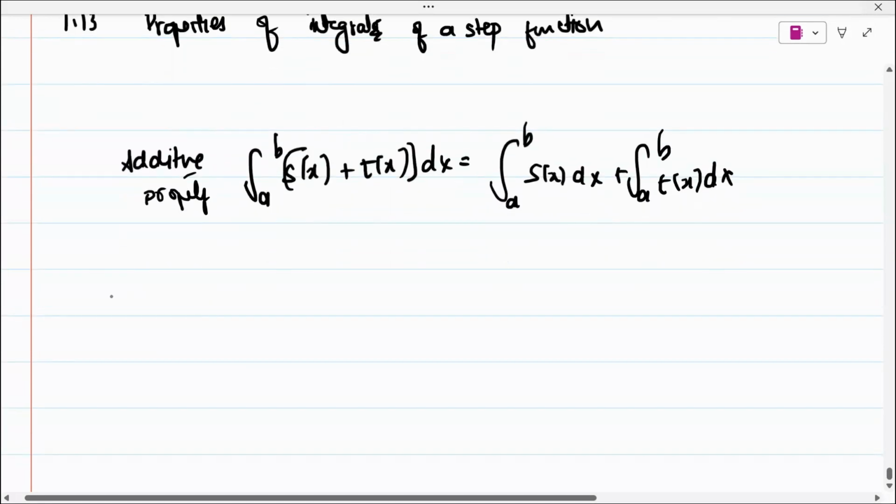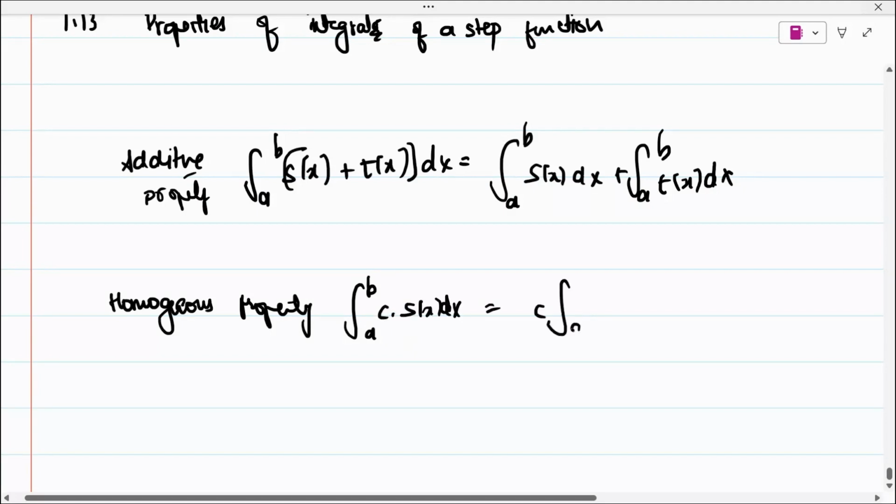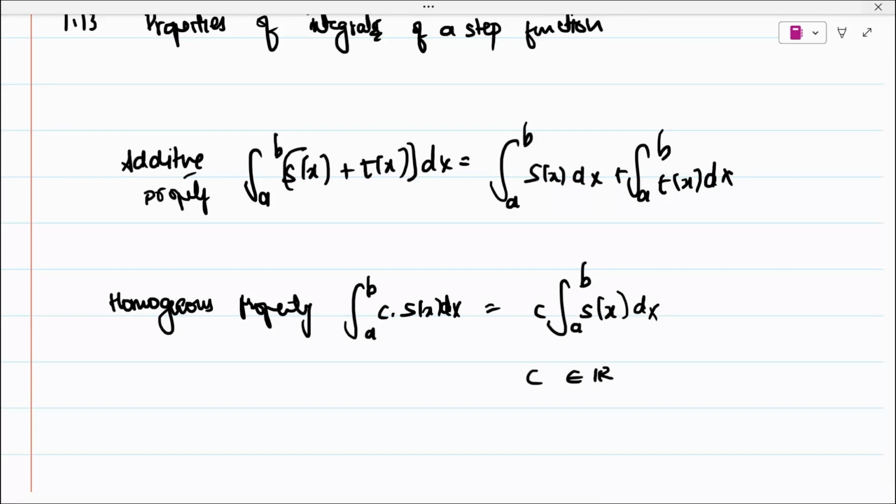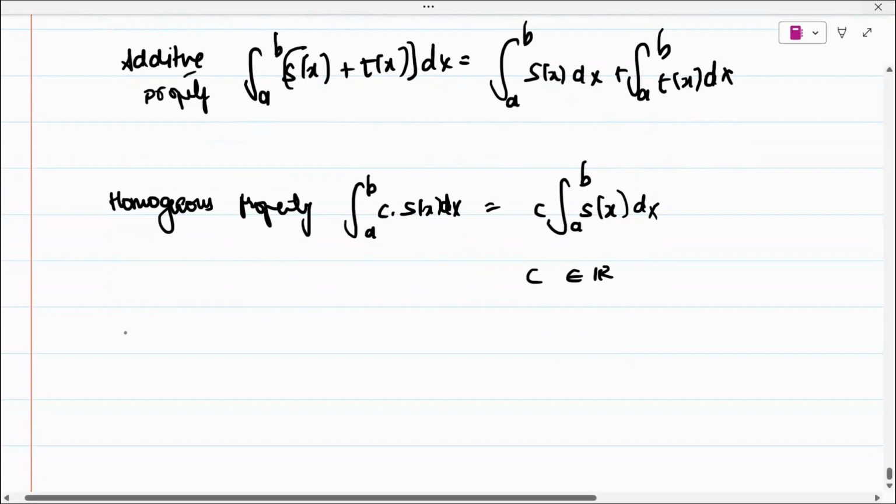Then we have the homogeneous property, which is basically for every real number c. So we need to have this. Then we also have the linearity property, which is basically the additive and homogeneous property.